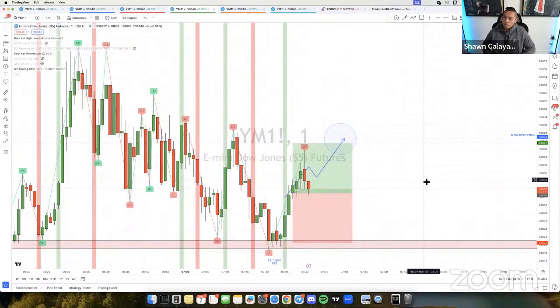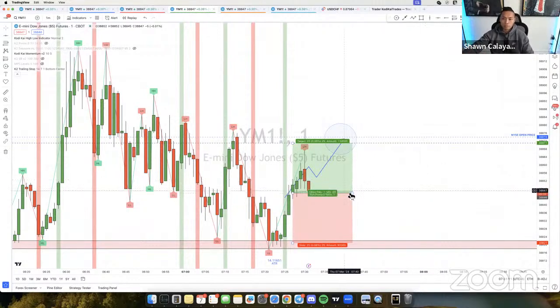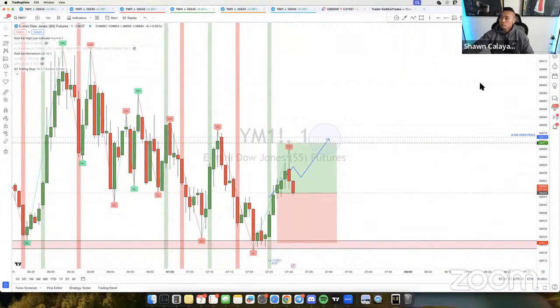Okay, so they're talking about the home loan, basically the mortgage market right now. So we'll see what happens here. They are talking about de-incentivizing the mortgage market.